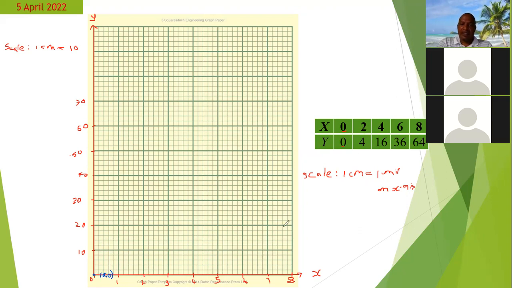So on your x-axis, you find where x equals 2. Then you go up 2 tiny boxes in the y direction. So you go 1, and then 2. Your point would be right here.